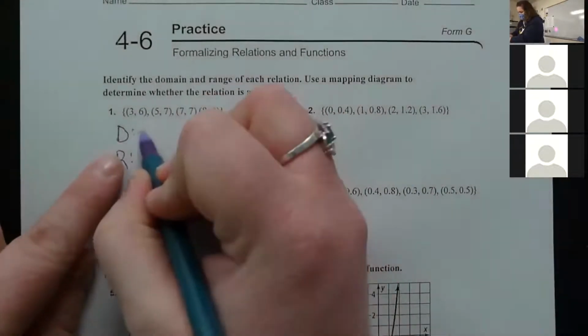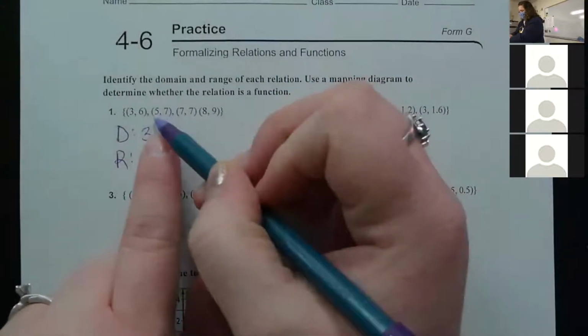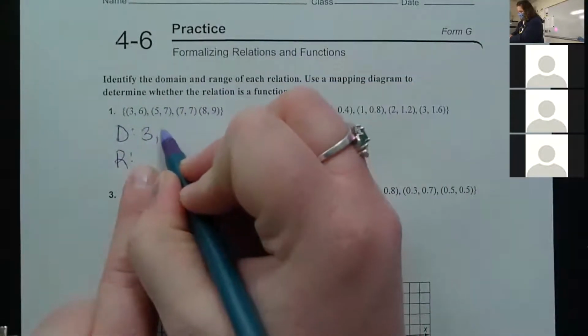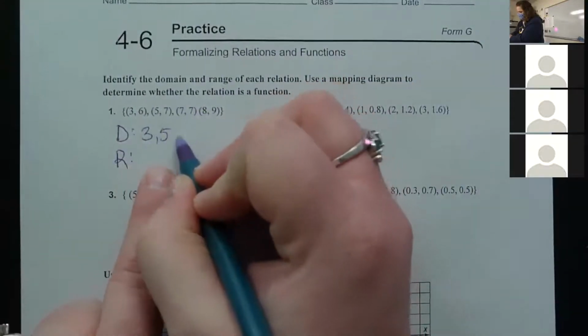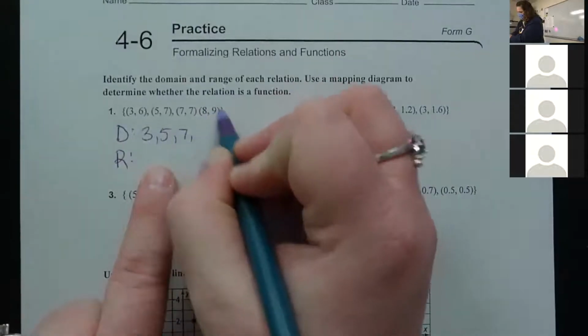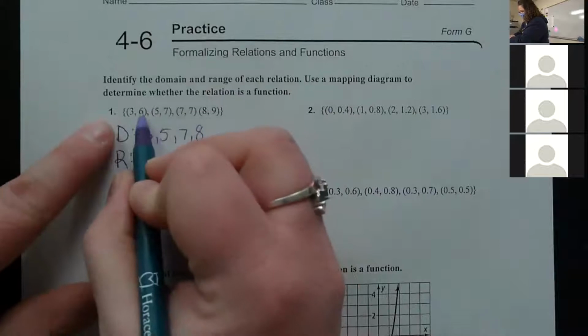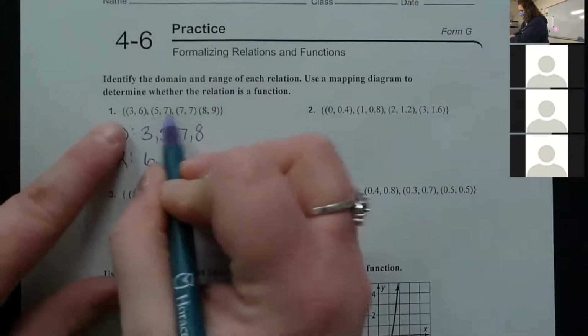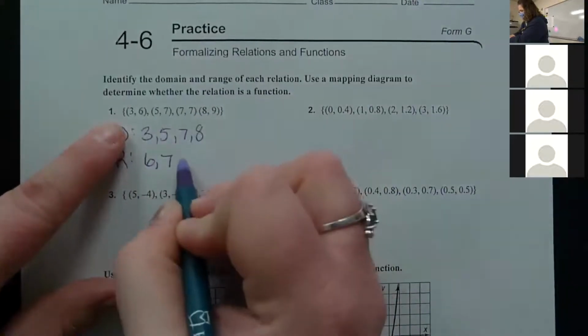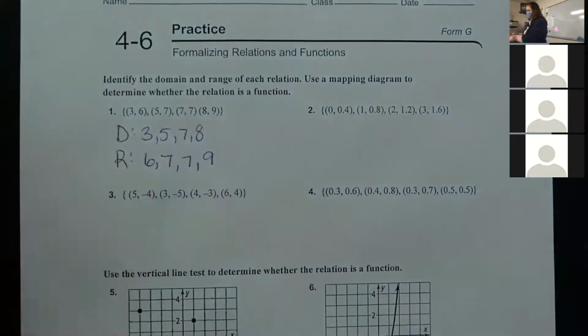The 3, right? Yep, so 3. And then on the next one, 5. And then on this one, 7. And this one, 8. Okay, those are my domains. Just list them. My ranges are what? 6. My Y values, 7, 7, 9.